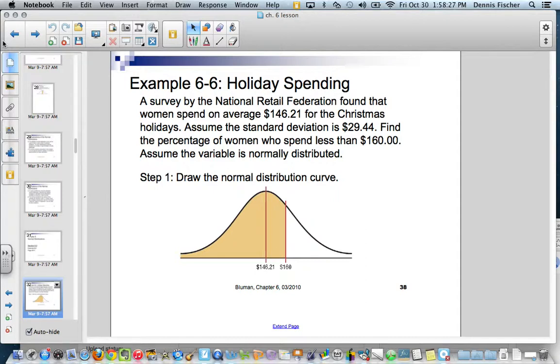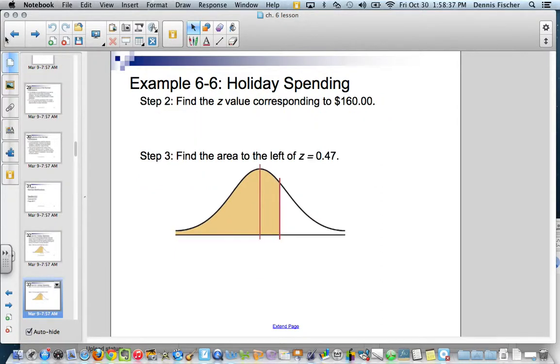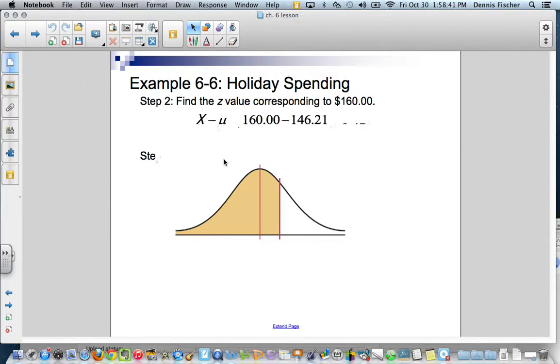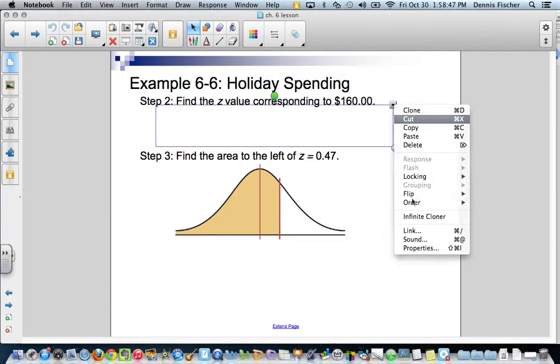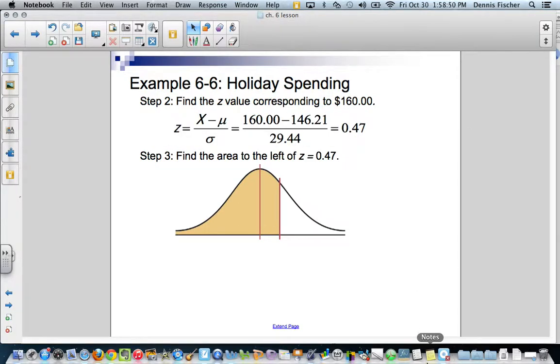But we don't have in our charts the table E that we used last night. We don't have a value of 160 on there. So what we're going to do is change this to a Z table and find the Z value. If you remember, the Z value formula is X, the value I'm looking for, 160, minus my mean, divided by the standard deviation.